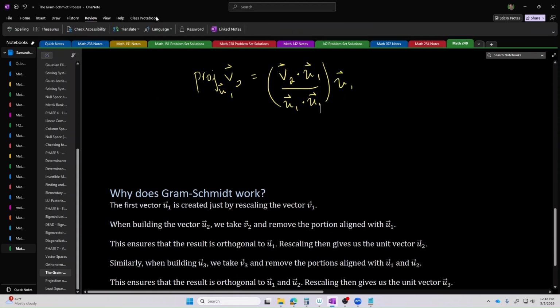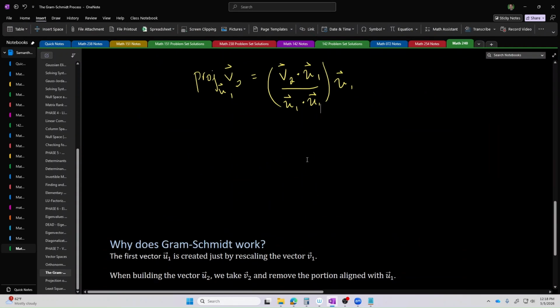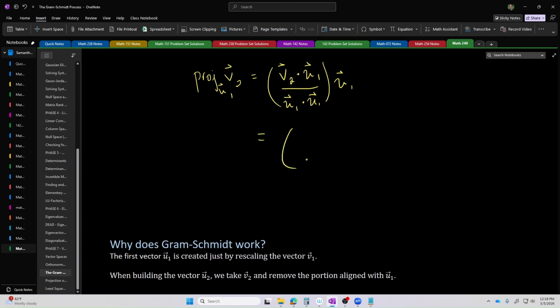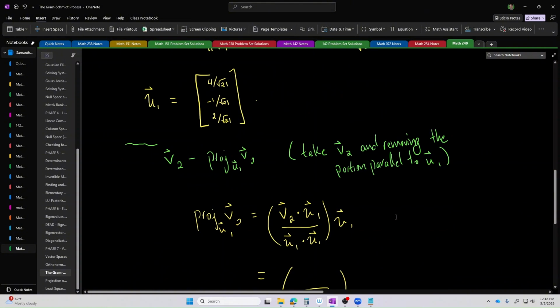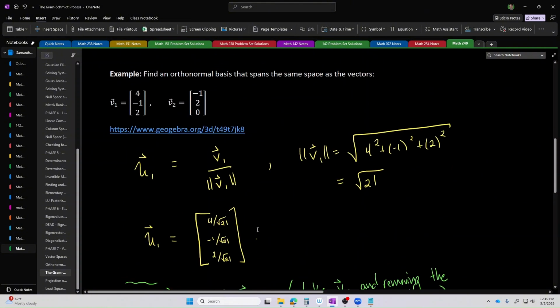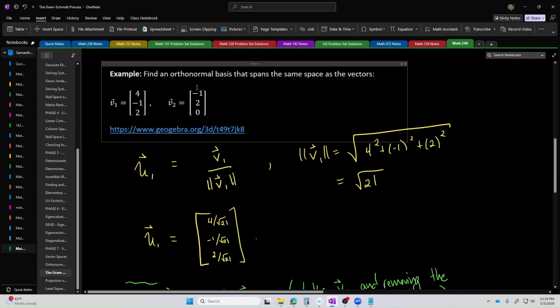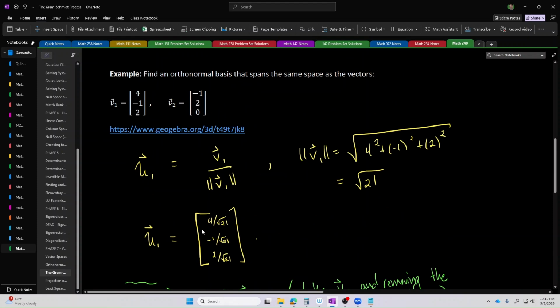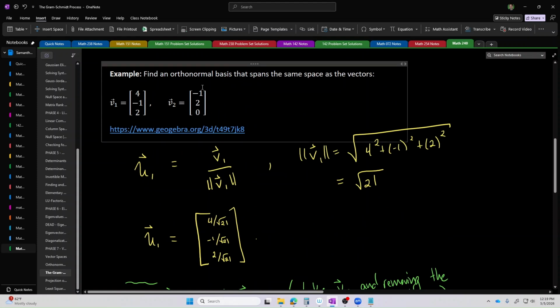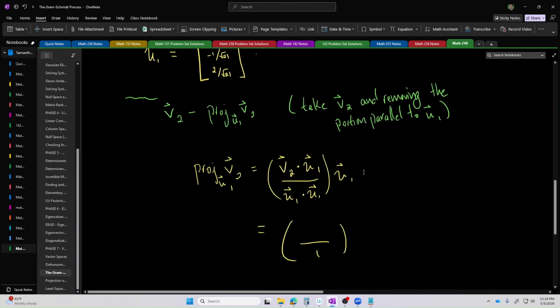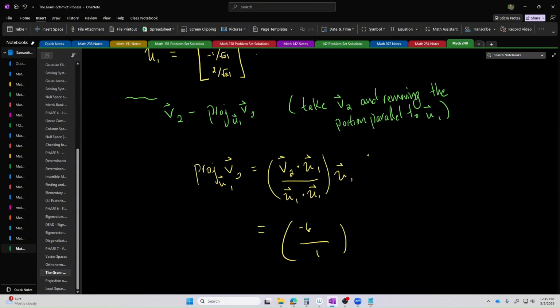Now u1 is a unit vector, so u1 dotted with itself is for sure going to return a value of just 1. So then let's ask ourselves what happens when we dot together the vectors v2 and u1. v2 dot u1 would be equal to negative 4 over 21 and negative 2 over 21. So in total, negative 6 over 21.